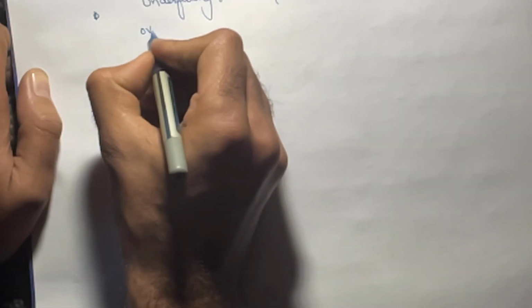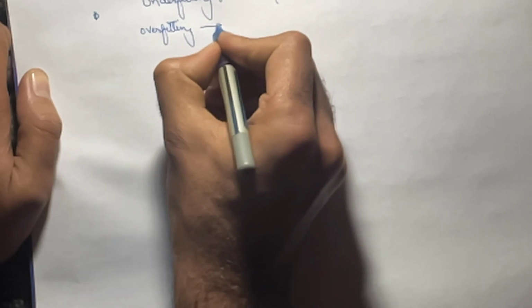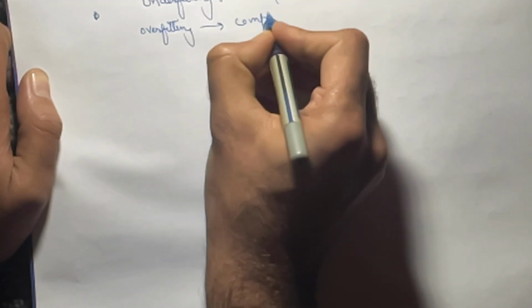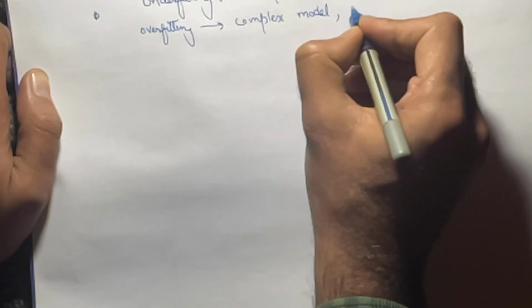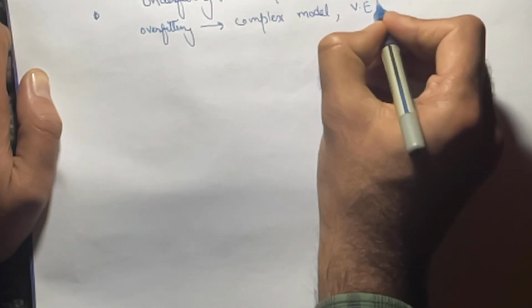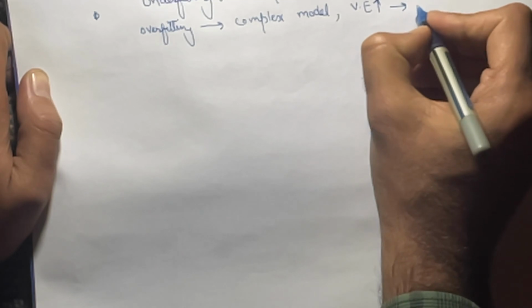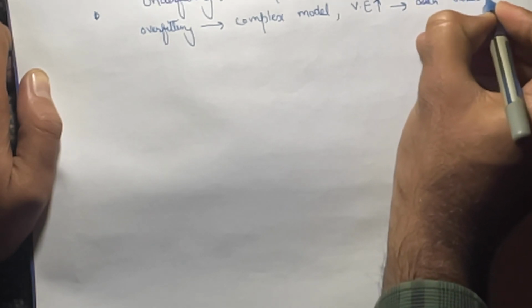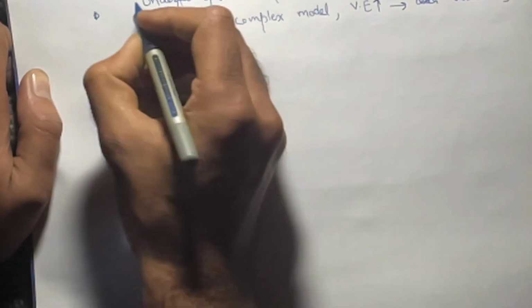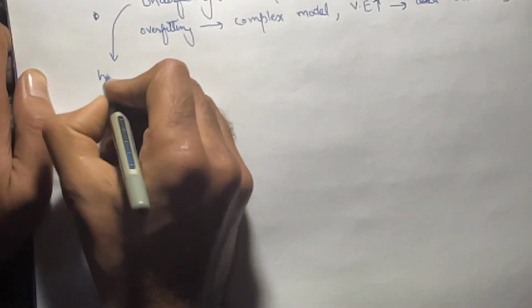And overfitting is the complex model, high validation errors, or we can say sensitive to data variations. These models are called high bias models.